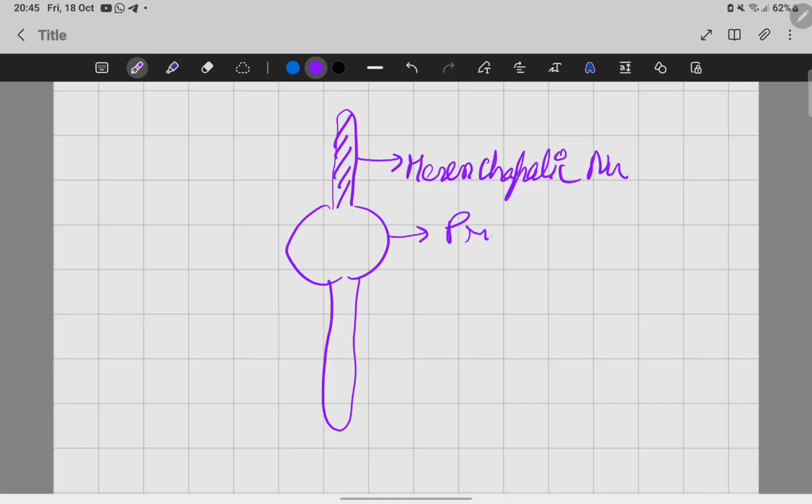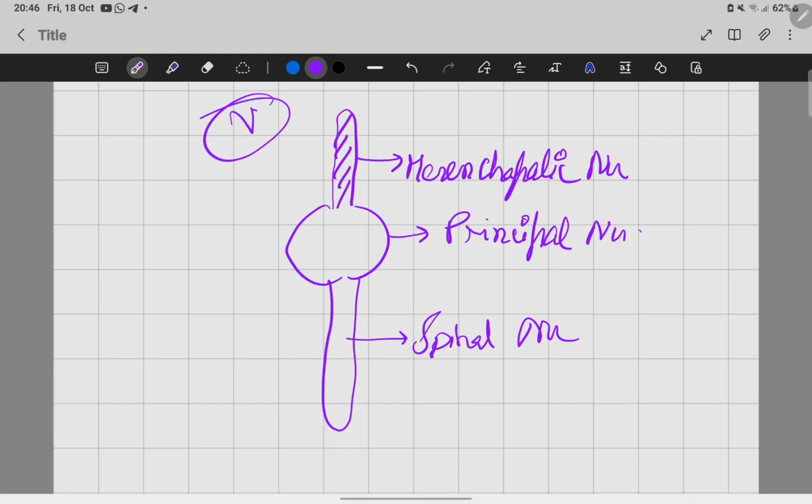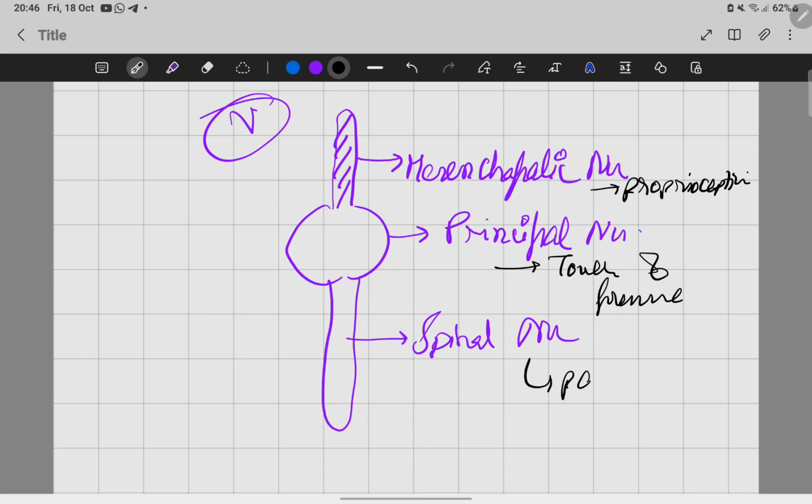This is the principal or chief nucleus, mainly for touch and pressure. And this is the spinal nucleus, for pain and temperature. These are the 3 parts.